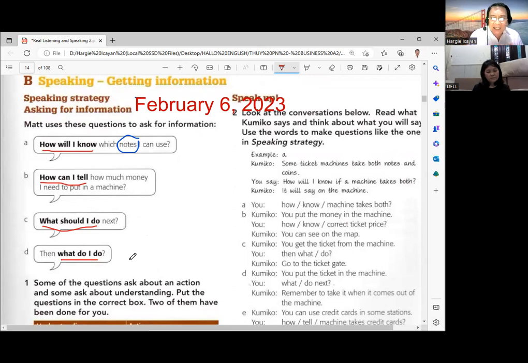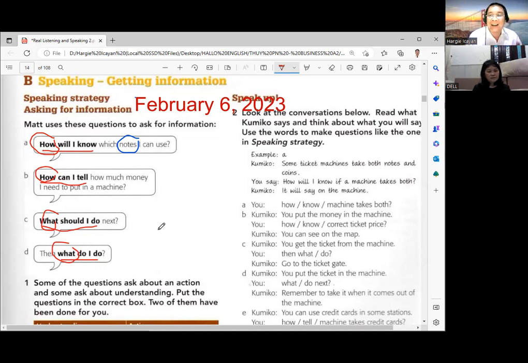Now, let's try to look at the following words: how, what. Of course, these are all questions, right? So we call this the WH questions, that includes the what, the who, the where, the when, and of course, the how.